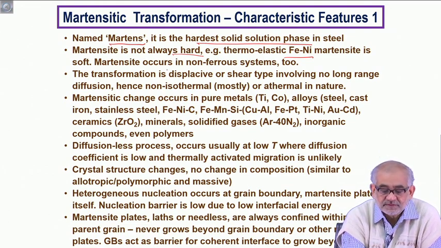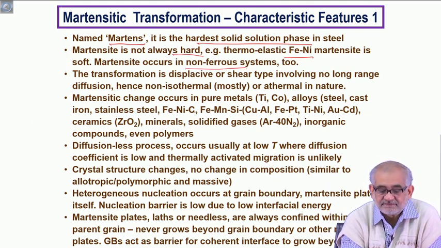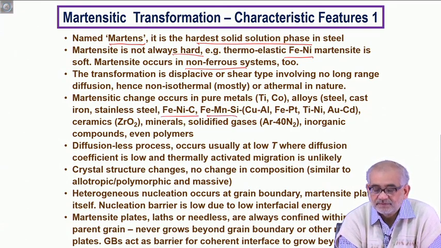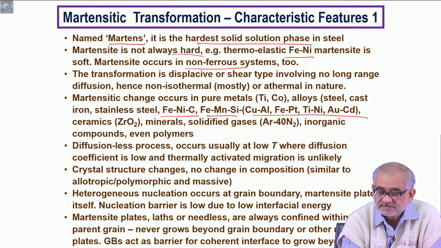Martensite again is not necessarily occurring only in steel; it can occur in very many non-ferrous systems. I have listed a large number of systems here. These are ferrous systems, but martensite can also arise in many other alloys which are not steel, which are non-ferrous alloys.